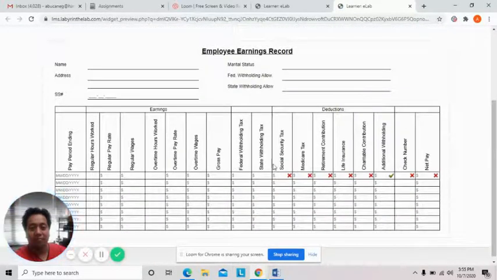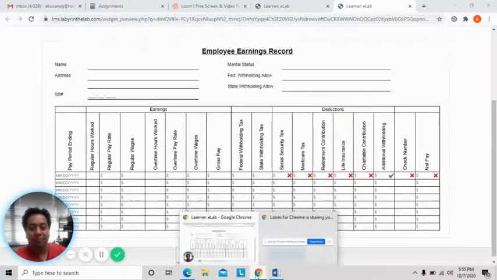Regular hours worked, mostly the Social Security tax, Medicare tax, retirement contribution, that should all be listed if you have it, check number. And then after you find the deductions that I showed you with the FICA taxes, Social Security tax and whatnot, you'd be able to find the net pay by subtracting.